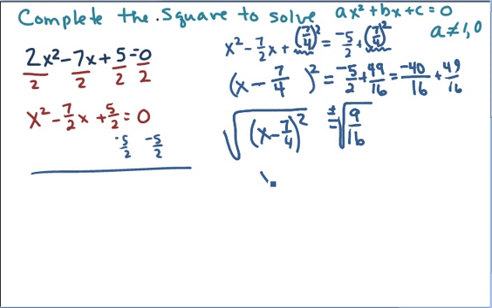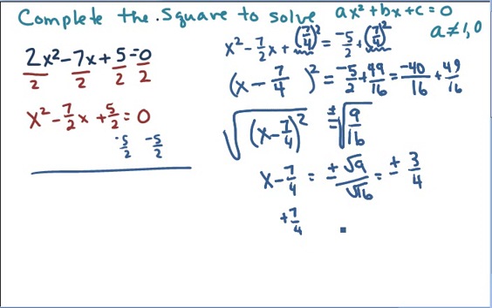And that x minus 7/4 then will equal a positive or negative square root of 9 divided by square root of 16, or in other words, positive negative 3/4.